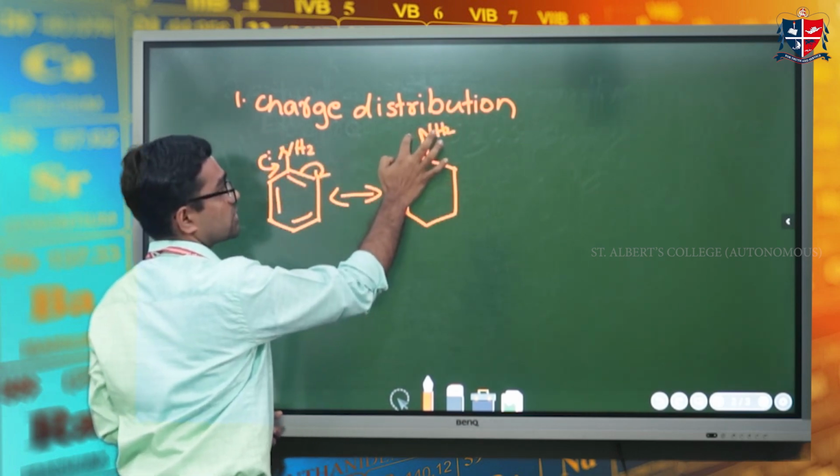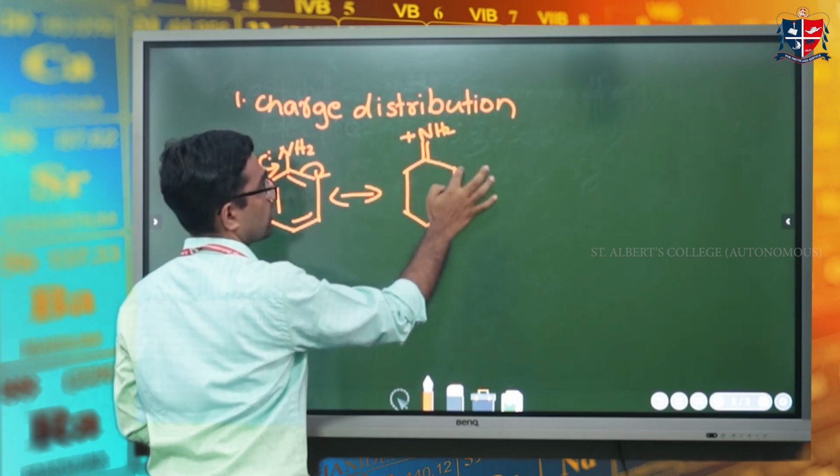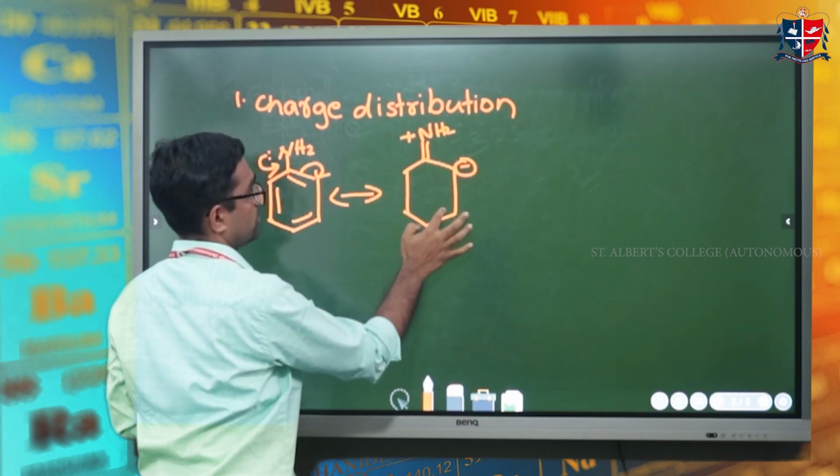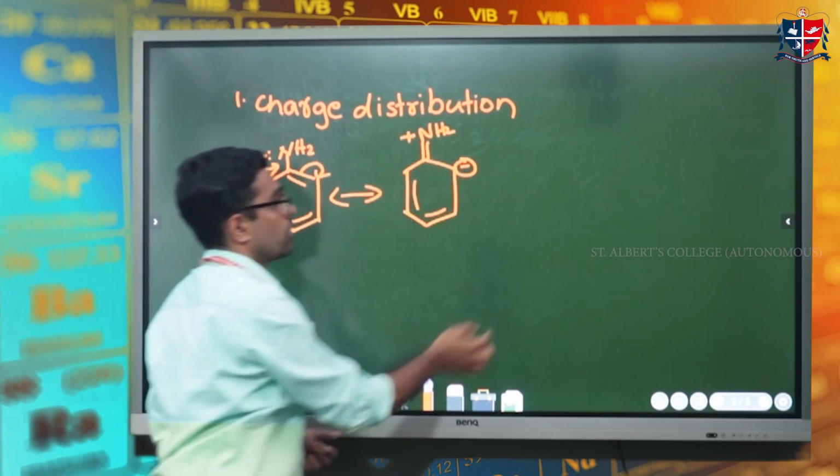When this lone pair goes, a positive charge appears here, and the negative charge comes here.